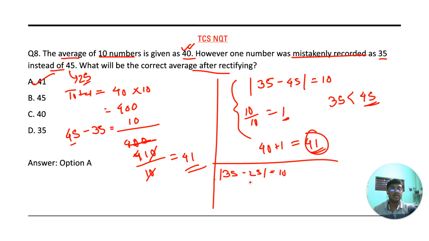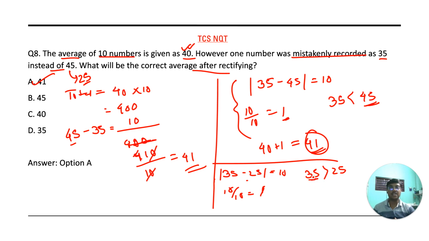This would give us 10, and 10 by 10 is equal to 1. Now we need to check whether the mistaken value is lesser than or greater than the actual value. So here we see that 25 is lesser than 35. So the mistaken value is greater.